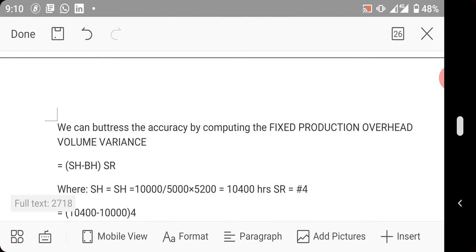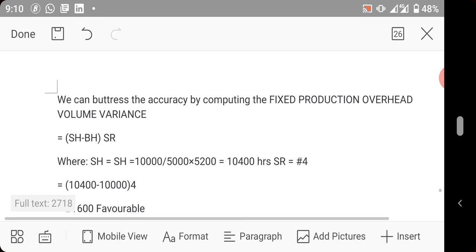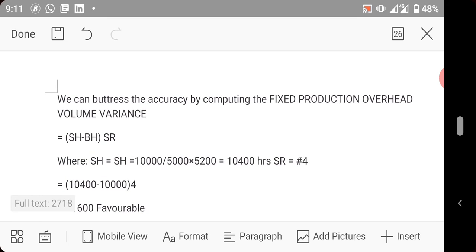Now that is what the question requires, but I want to buttress a point. We can buttress the accuracy by computing the fixed production overhead volume variance. We did it in our last class. The formula is standard hour minus budgeted hour times standard rate.